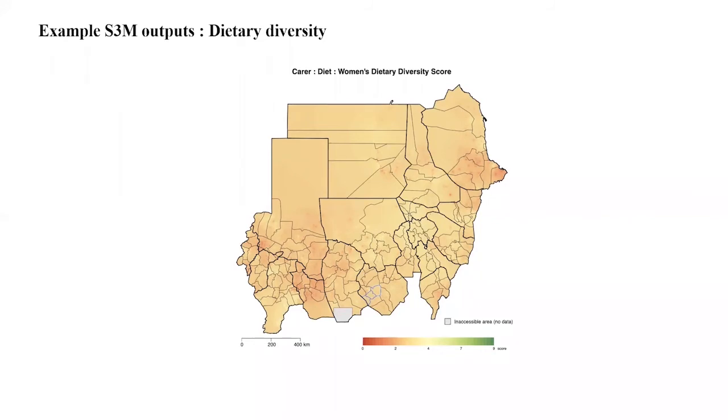And this one here is the Women's Dietary Diversity Score, and we can see, as expected if you have experience in North Sudan, that people aren't eating a terribly diverse diet. This is 2, 3, 4 maybe food groups in a daily diet.